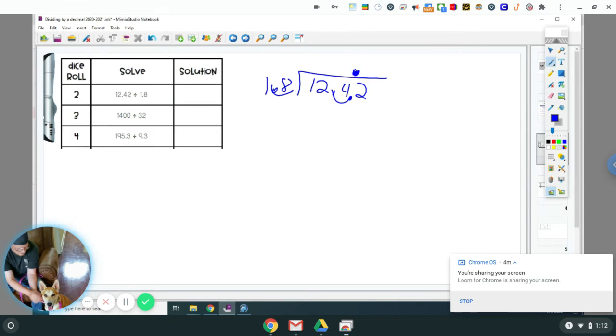And the decimal will go up into the answer. So 18 now goes into 124 6 times, which is 108. And then 18 goes into 162 9 times, which is 162.